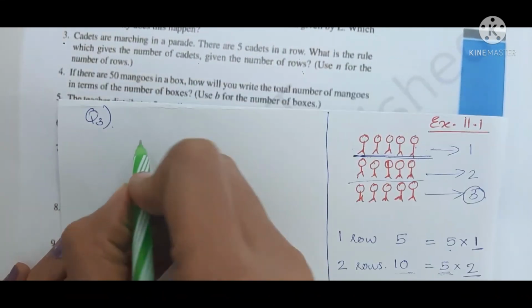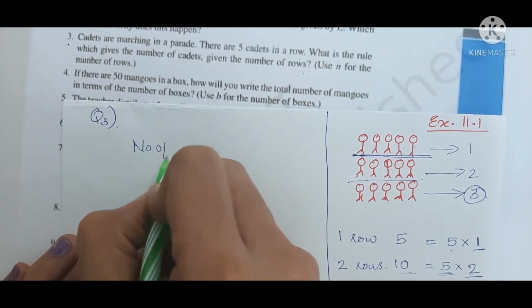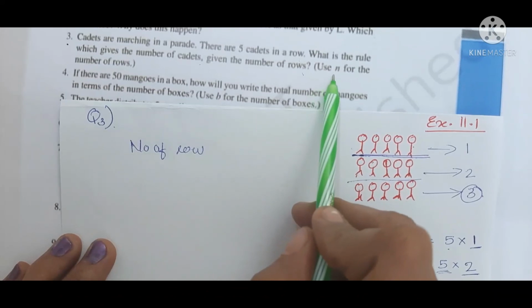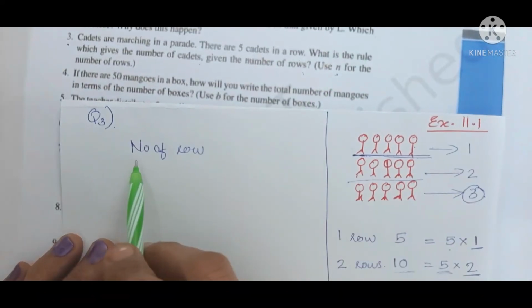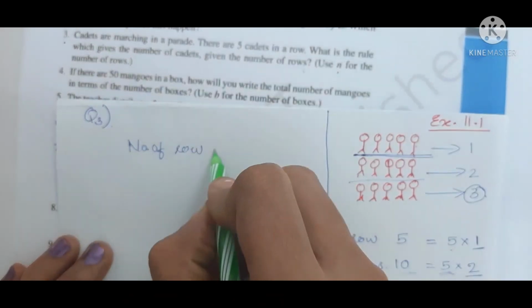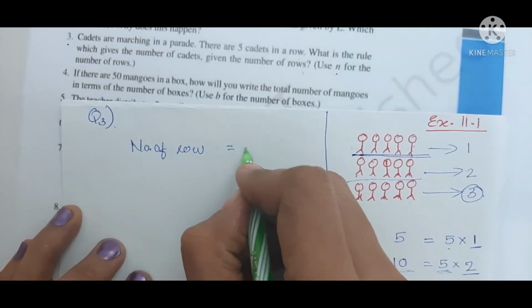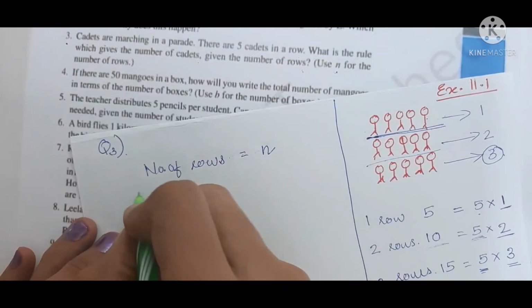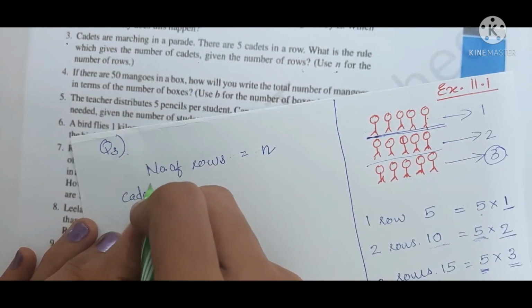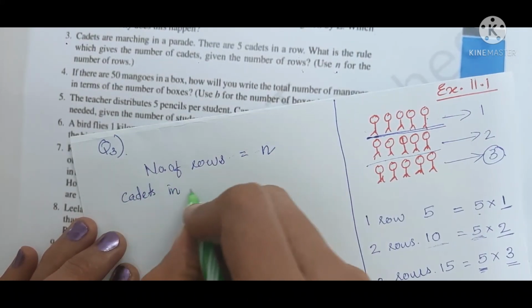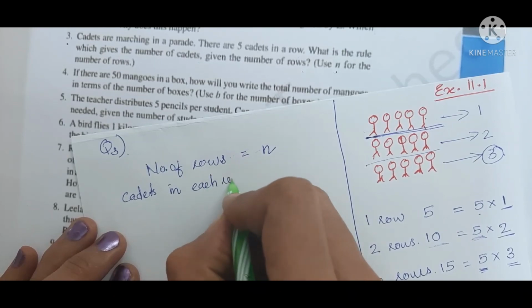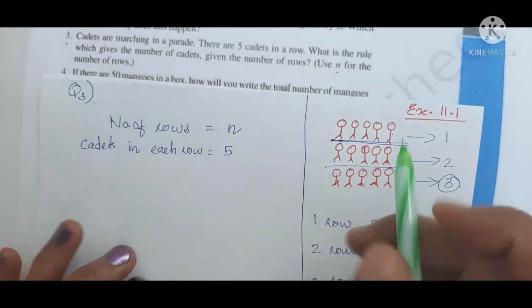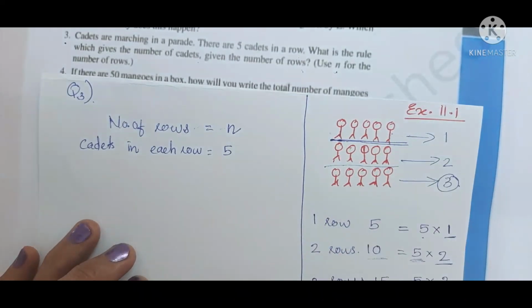So the number of rows is n. Okay, cadets in each row is equal to 5. You know, 5 cadets in one row.